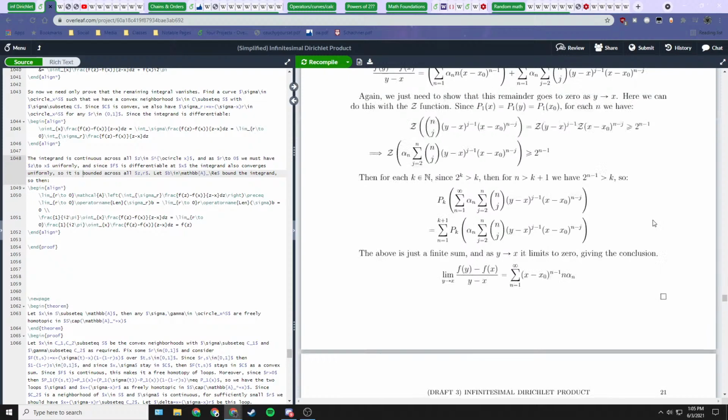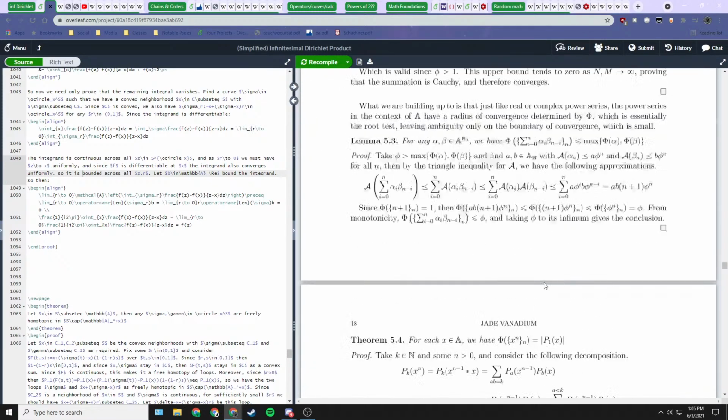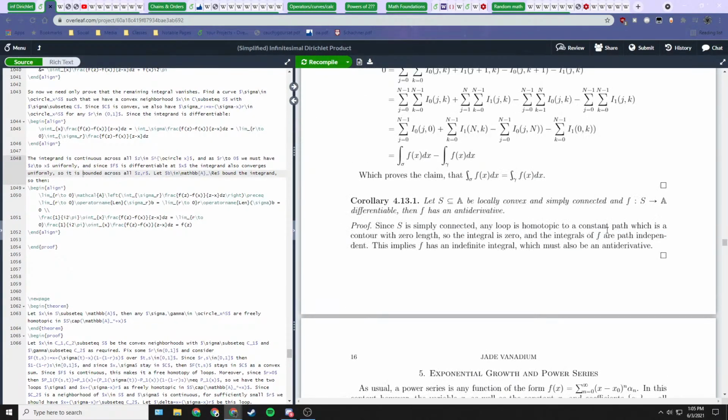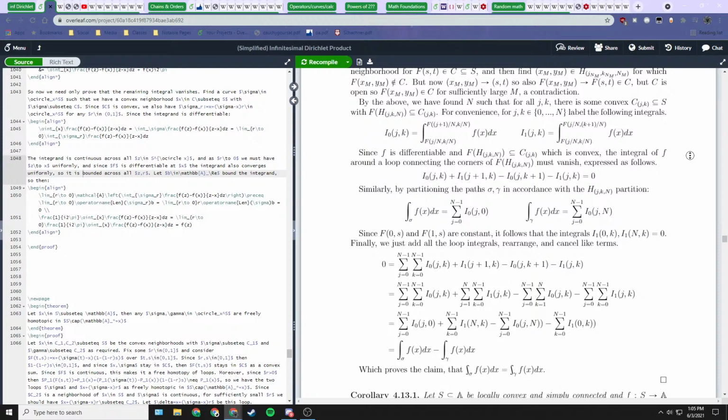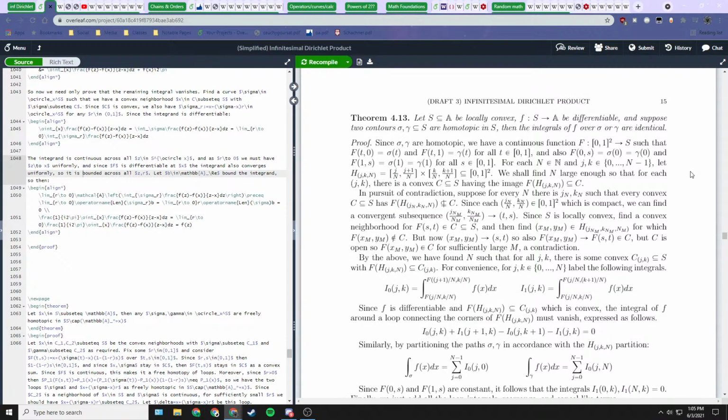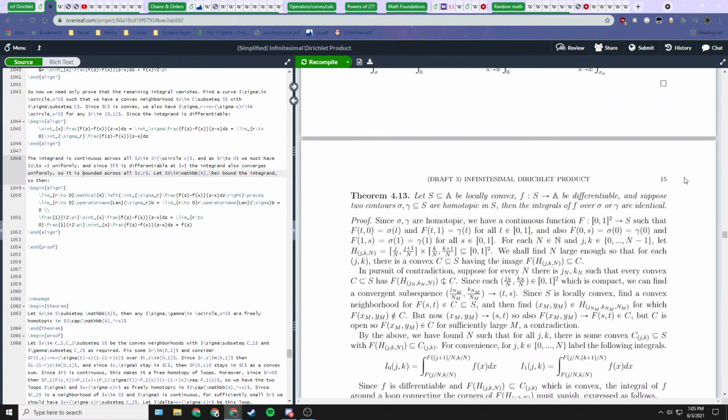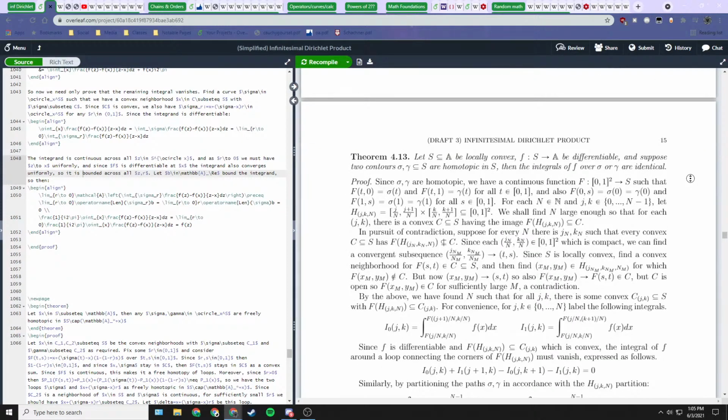So I think what we're going to have to do is go back to the integral section and just make a note or something. We're going to have to make a note that, let me think on that.